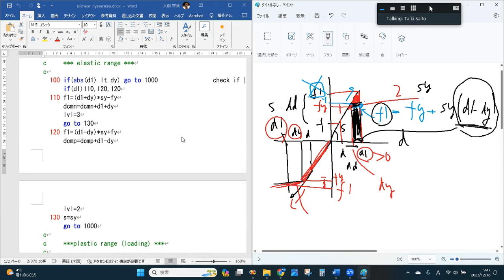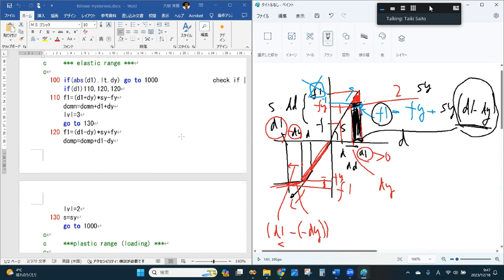So this deformation is D1. Actually, this is negative. So it is minus D1.